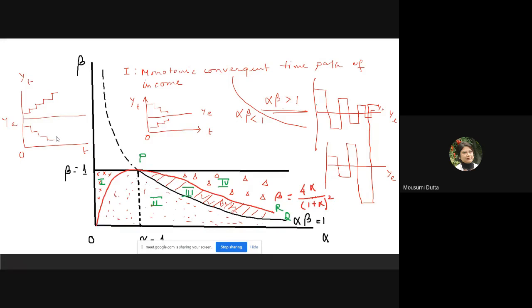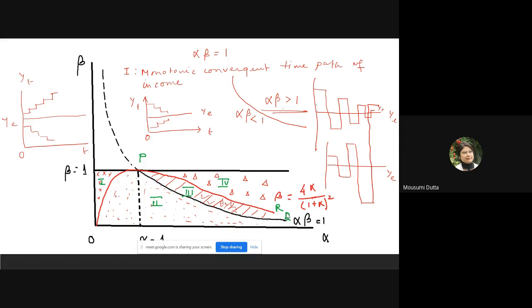Finally, when alpha beta is equal to 1, that means you are on this black solid line, alpha beta is equal to 1.